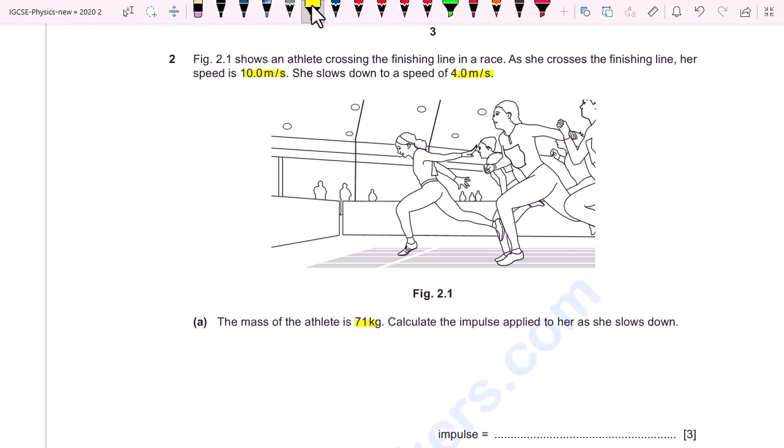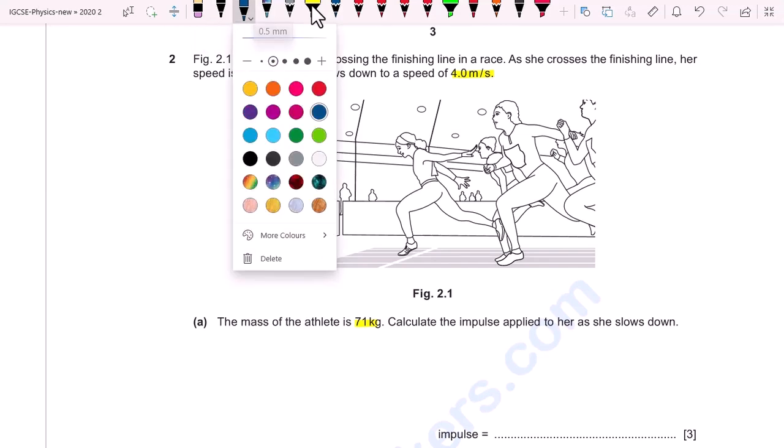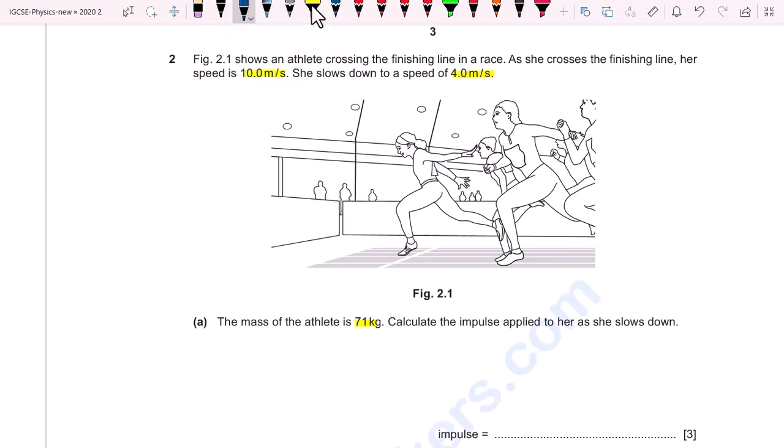Here we have to calculate the impulse, and we know that impulse is the product of force and time. Therefore, I write I equals F times T, and impulse is also equal to the change in momentum, delta P. Here we are given mass and velocity, so I use the formula for impulse equal to change in momentum, because momentum is the product of mass and speed.